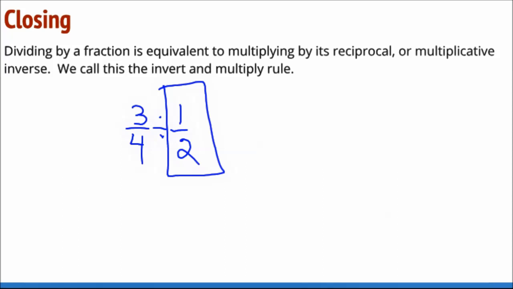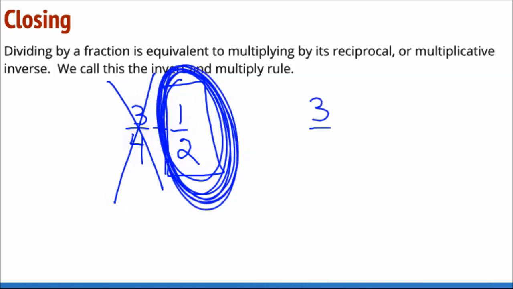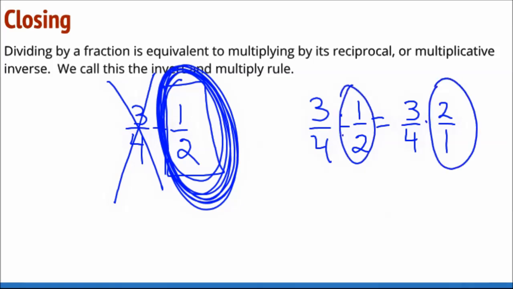We are not doing anything with the dividend. The reciprocal that we use is the divisor, the second number. So 3/4 divided by half is the same as 3/4 times 2 over 1. Notice it is the divisor that we are using the multiplicative inverse of.